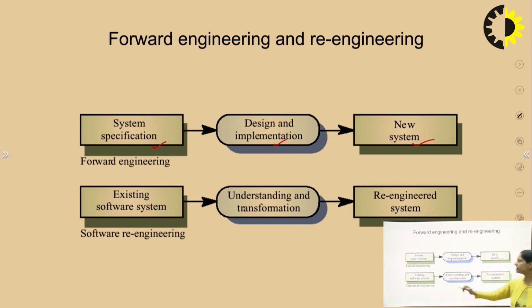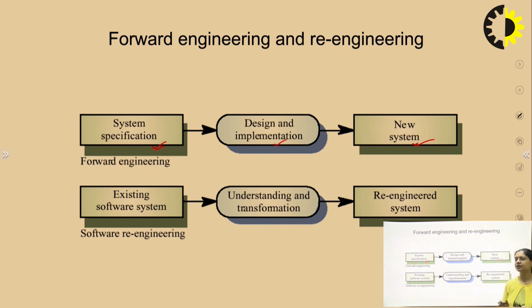So here we started from scratch, we gathered the requirements from the user, identified the specifications, then on that basis we designed and coded, and at the end we got the new system that is provided to the user as per the user's expectation.